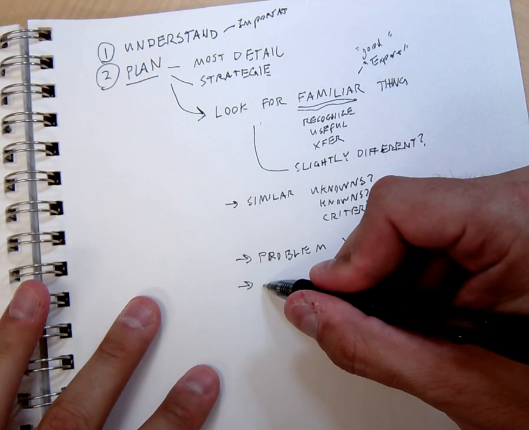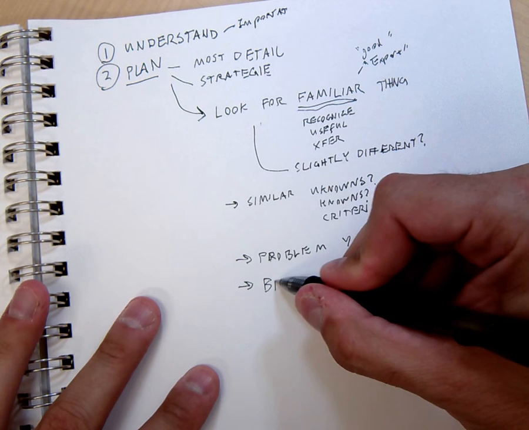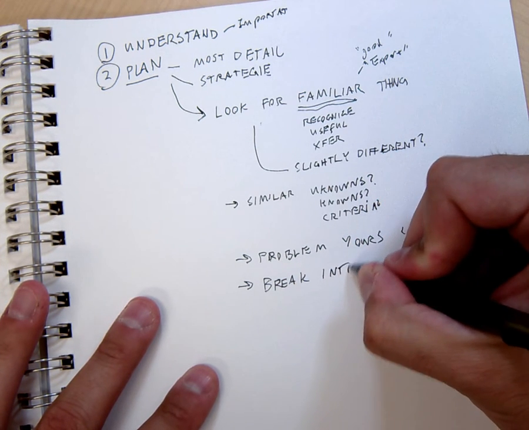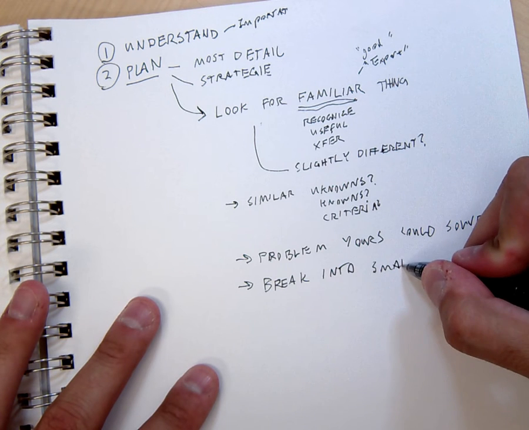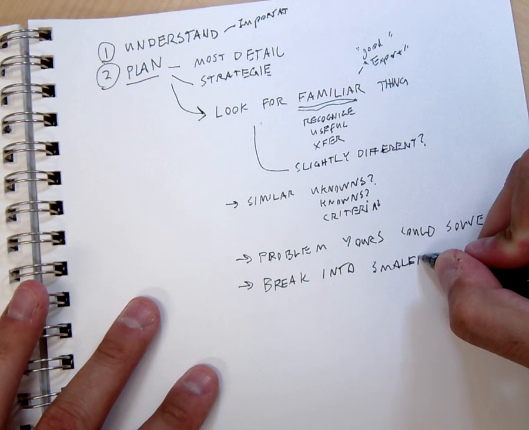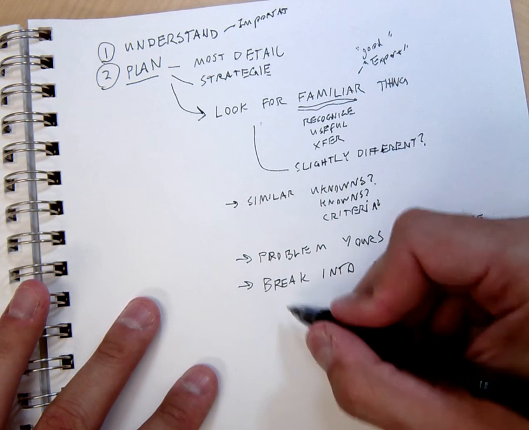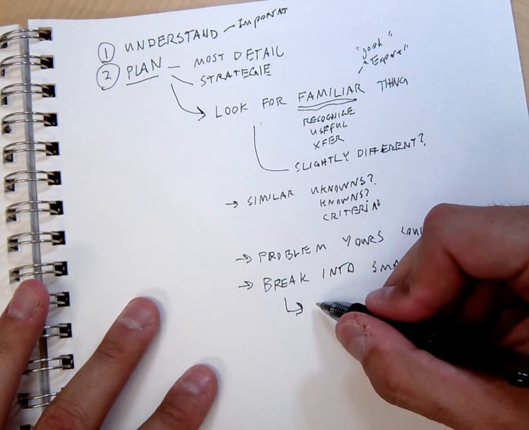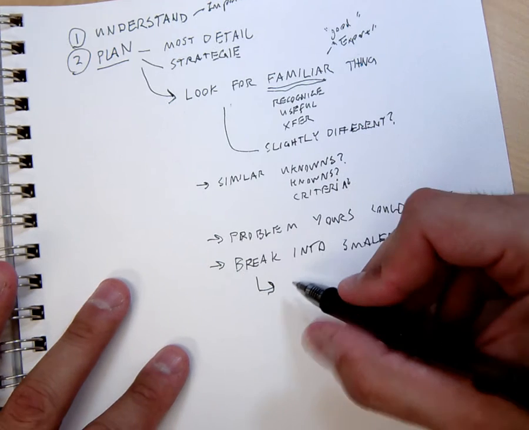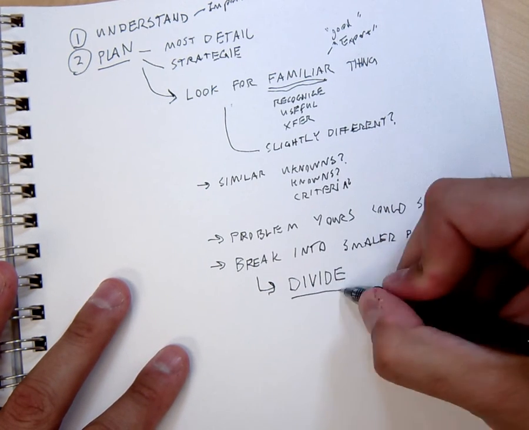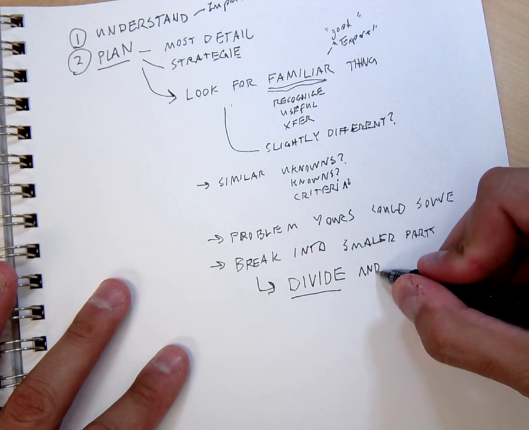Is my problem one I can break into parts? Break it into parts, usually smaller parts. And can I solve the small parts? This is divide and conquer, a big algorithm development strategy.